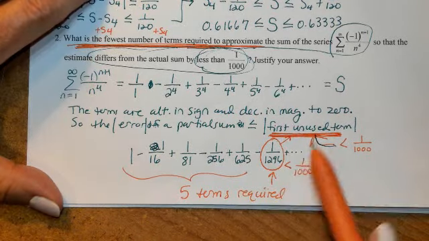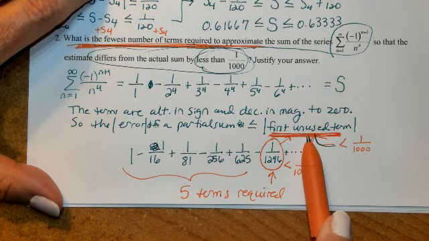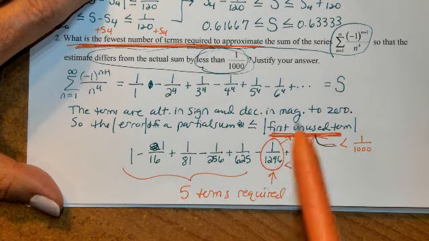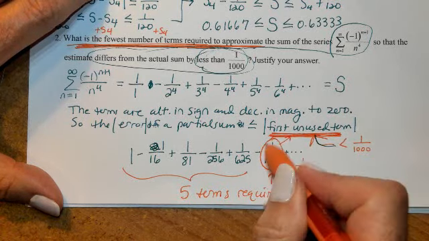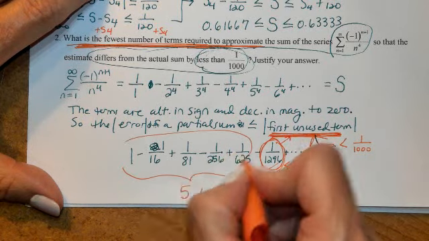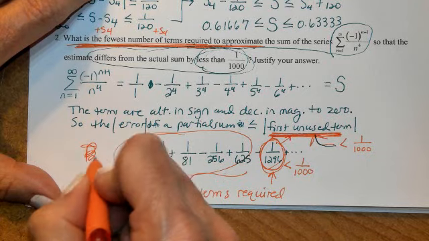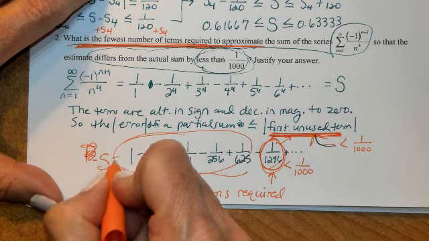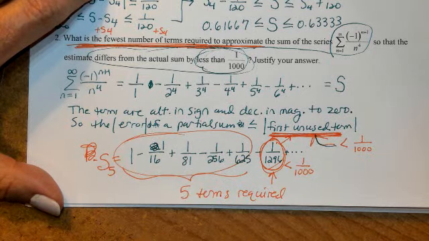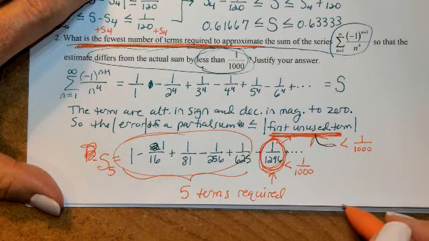This was the first unused term, not the last used term, right? So do not use this one in your partial sum. So we would be needing S sub 5 here. That would be our partial sum, and then this would be our unused one.